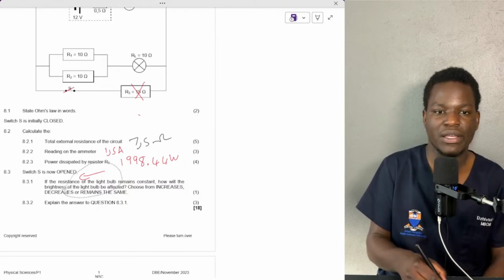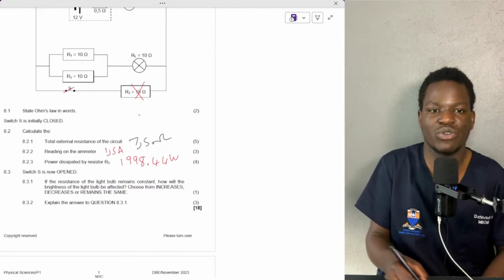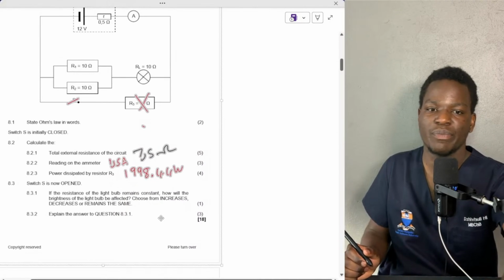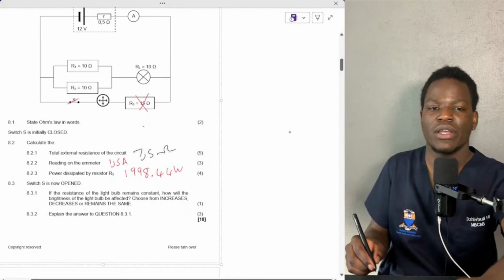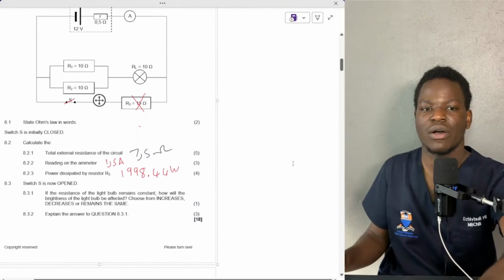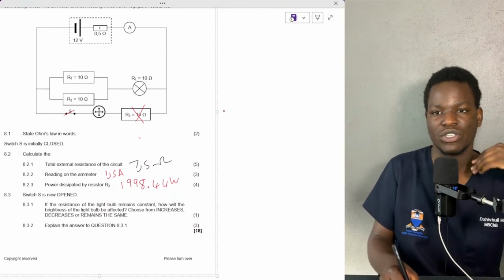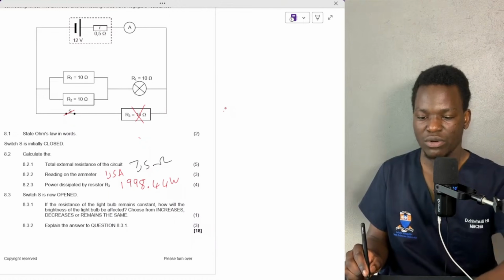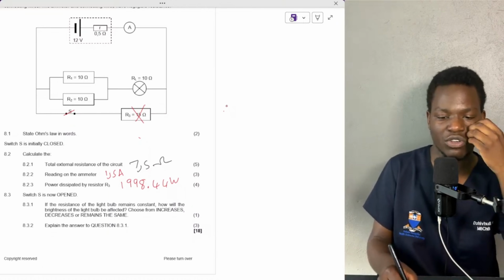Here they didn't say don't use calculation, so you can definitely use calculation to explain in 8.3.1. In 8.3.2, the other one says without using calculation, but here they didn't specify, meaning you can choose whether to use calculation or not.